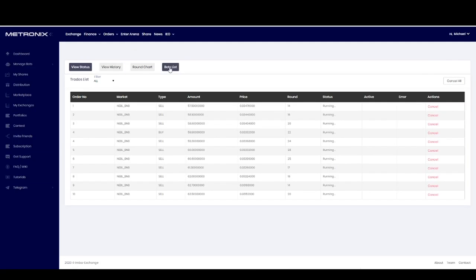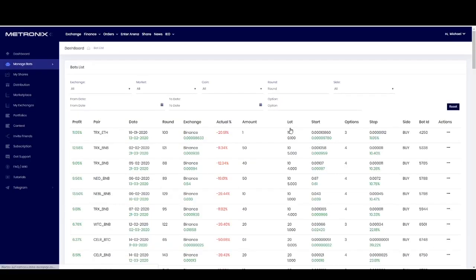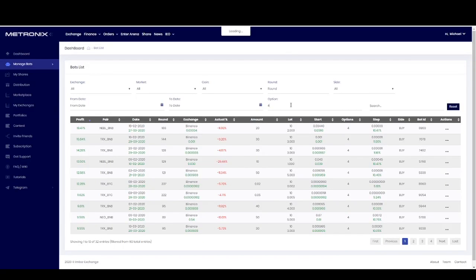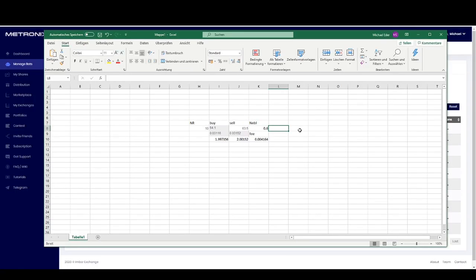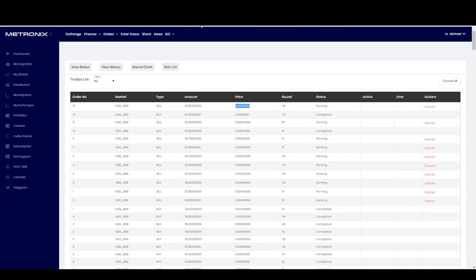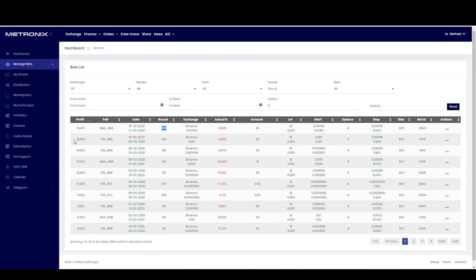And as you can see here in the bot list, if you filter option 4, I have done 186 rounds so far. This means in the last months, only with this one trading slot, I created 111.6 Niblio. And the same we can also see here in Tron BNB.